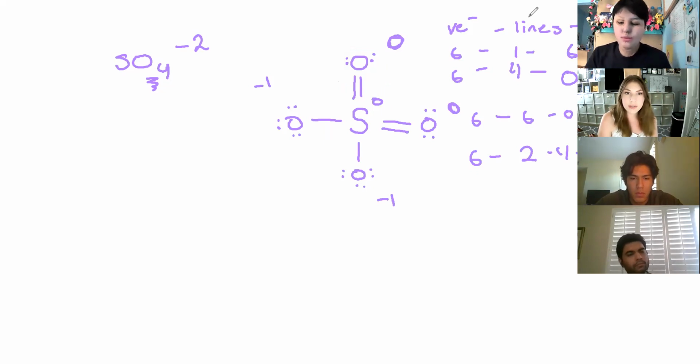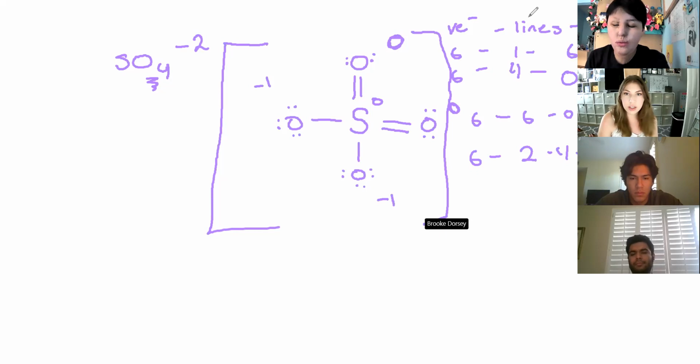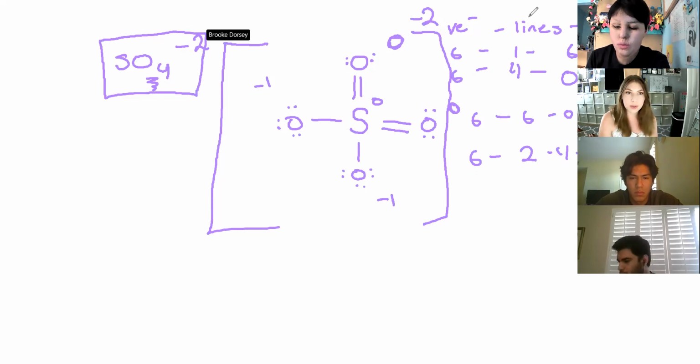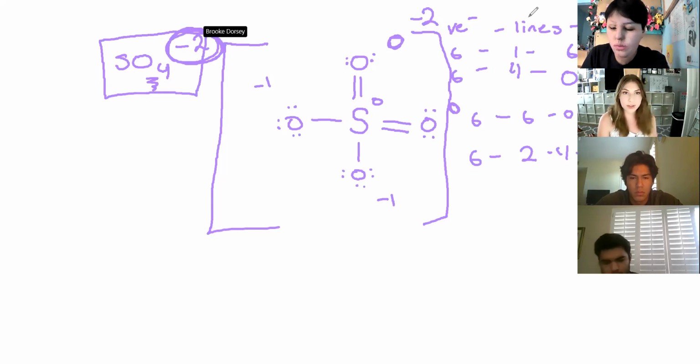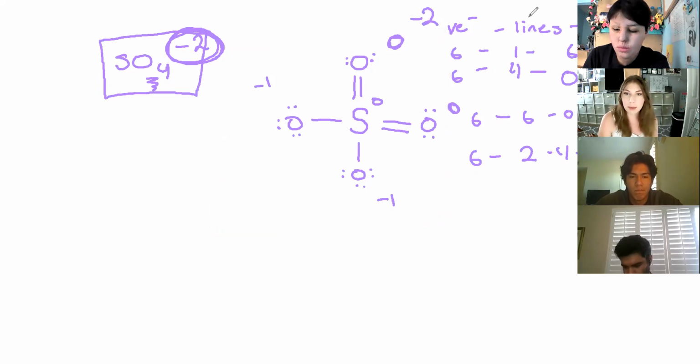This gives our overall charge of -2. And if we look back at the formula, we wanted an overall charge of -2, right? When you draw it out, make sure you always remember to include your charge somehow. Feeling good? Cool. So this is how we draw the sulfate ion.